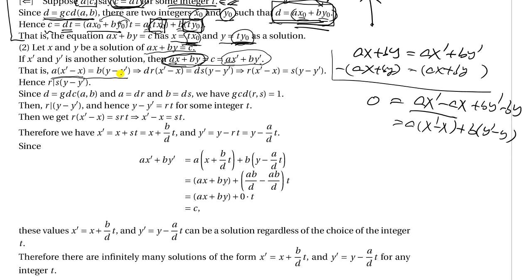But a is a multiple of d, because d is the greatest common divisor, so there must be an integer r. Instead of a we can put d times r, so for some integer r we can change the formula this way. By the same reason, this portion changes to d times s times y prime minus y.